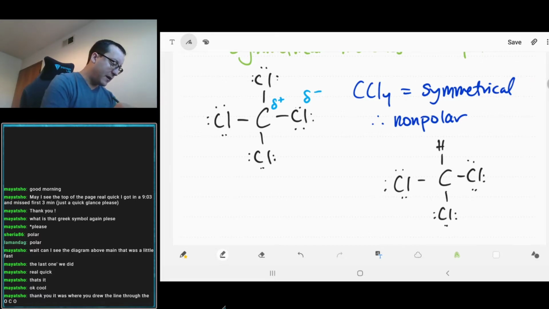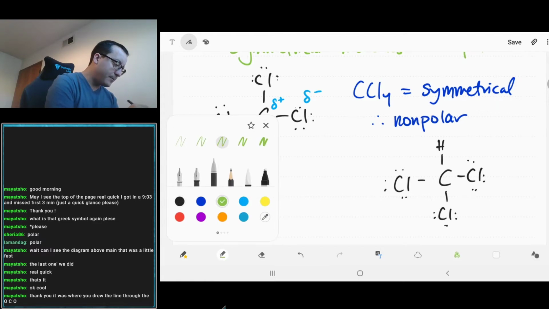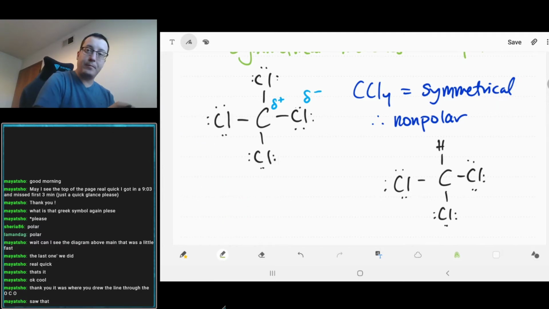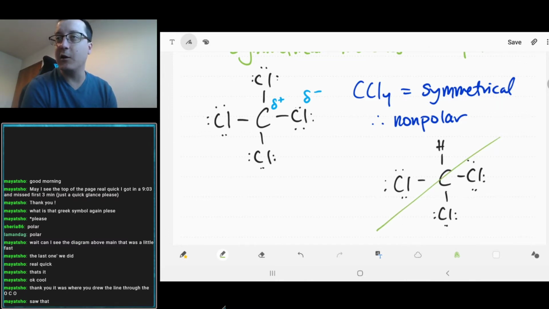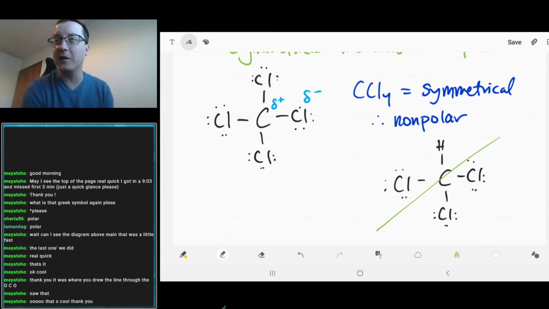So let's look if this molecule is polar or not. Let's take a look. Draw a line through it. Of course, our line has to go through the center of the molecule. You can't just draw a random line. So is this molecule going to be symmetrical? Is it the same on both sides?